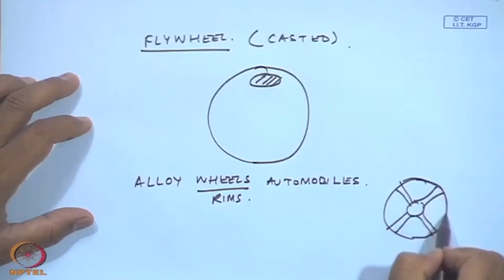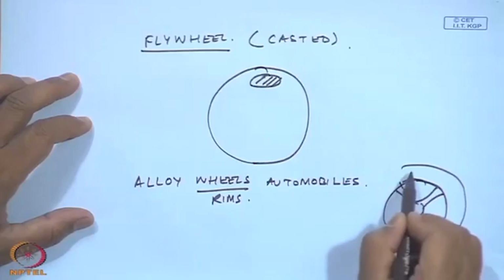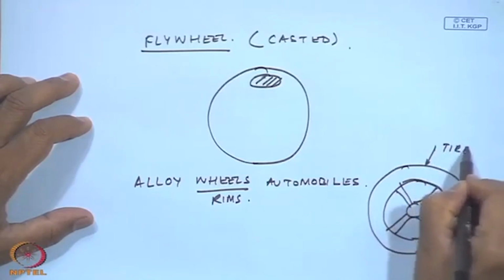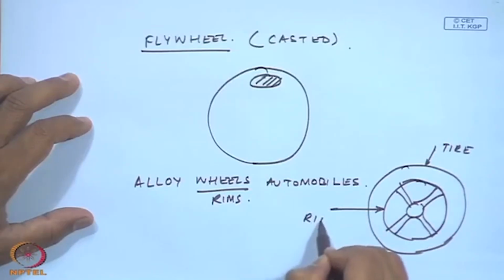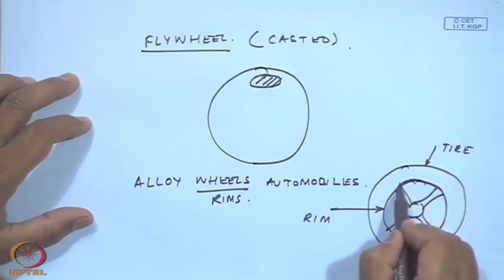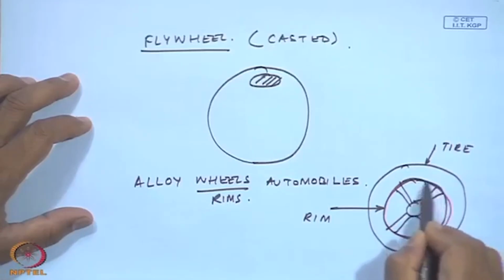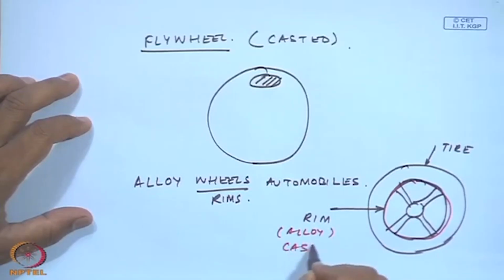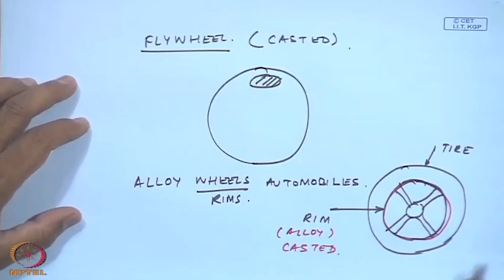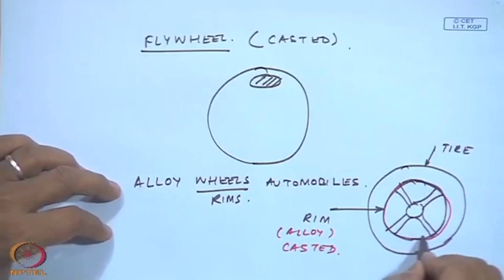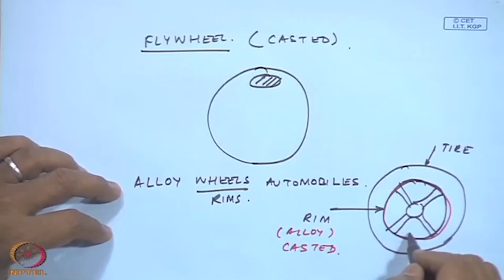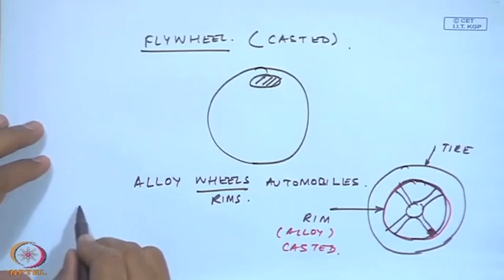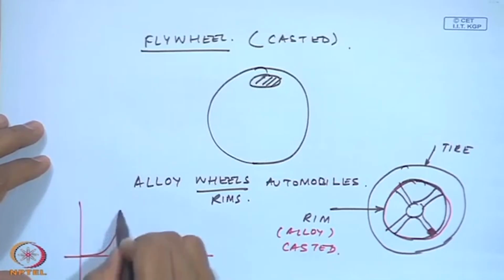Okay, on which we have the tire, this is the rim, and this could be an alloy wheel rim, which is actually casted. You can understand if this casting has a defect, or there is some sort of an unbalanced mass, every rotation of the wheel you are going to get a force like this.